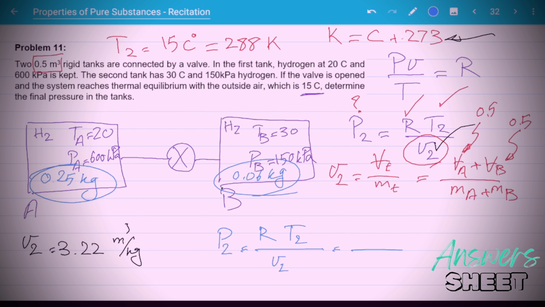Plug in numbers: 4.1242 times 288 over 3.22. This will give us a final pressure of 368.9 kilopascals.